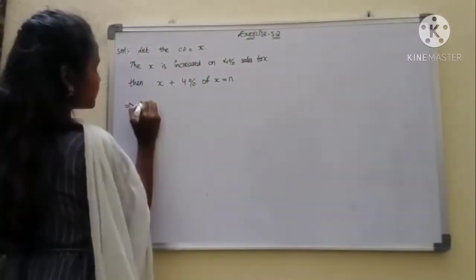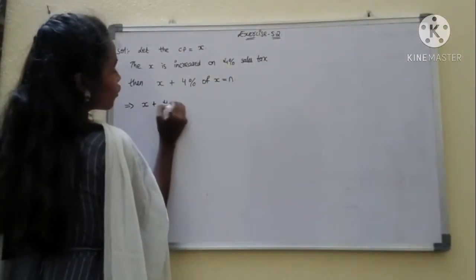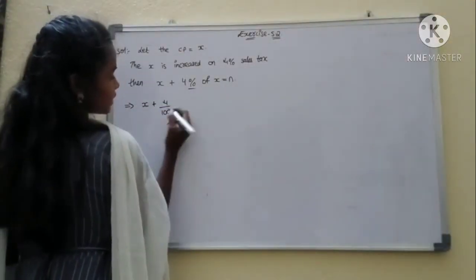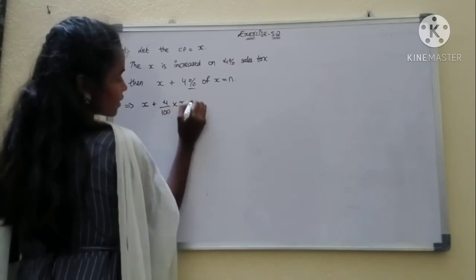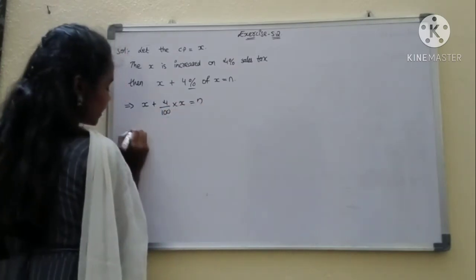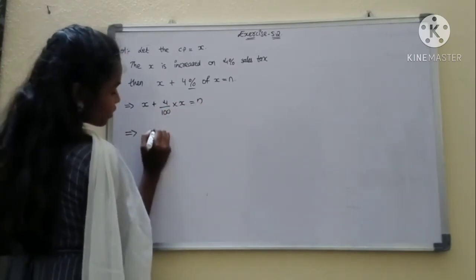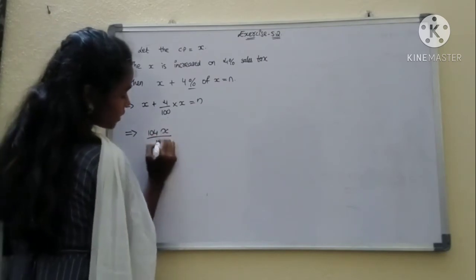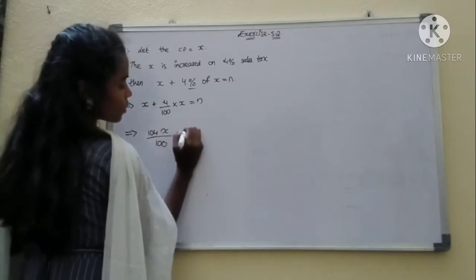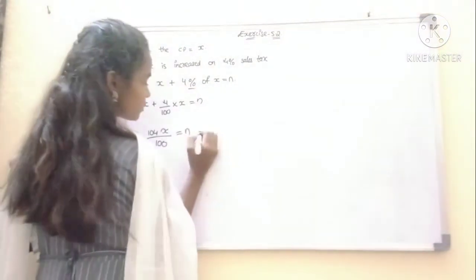That can be written as x plus 4 by 100, percentage is nothing but 100, into x is equal to n. This can be written as 104x by 100 is equal to n.